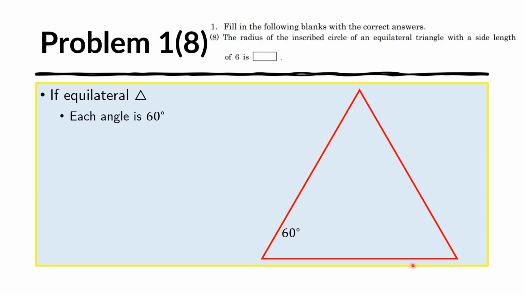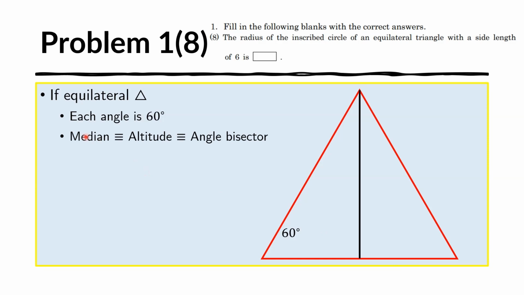Also, in an equilateral triangle, we know that the median is the same as the altitude, which is also the same as the angle bisector. So here we drew a median. So a median is the line segment drawn from a vertex to the other side, such that the point on the other side is the midpoint of this side.